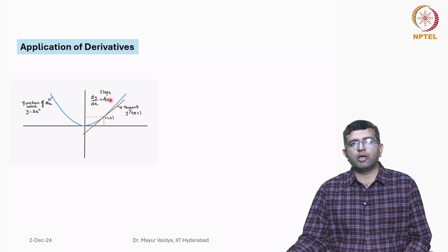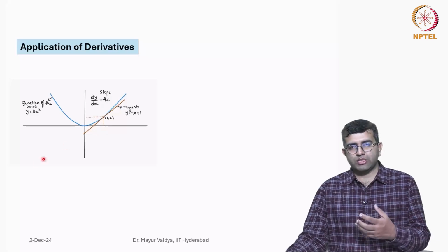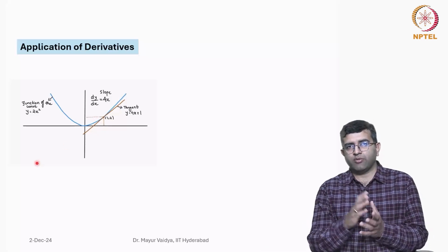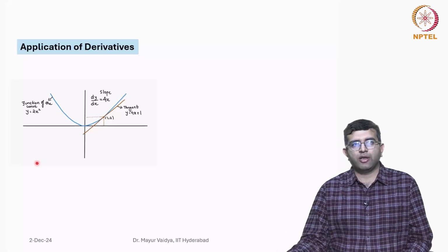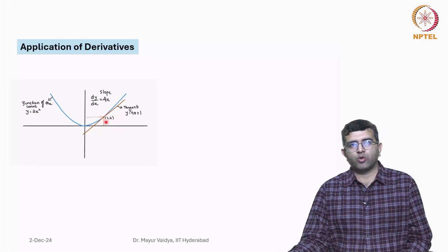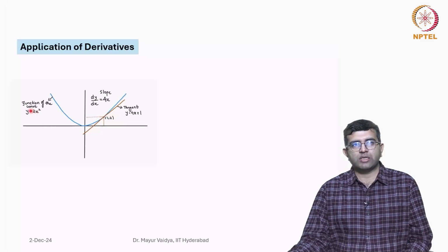So, you will see that tangent construction is an important exercise when we talk about the thermodynamic aspects, and therefore it is important to know that the slope of the tangent is represented by the derivative of the function. Okay.